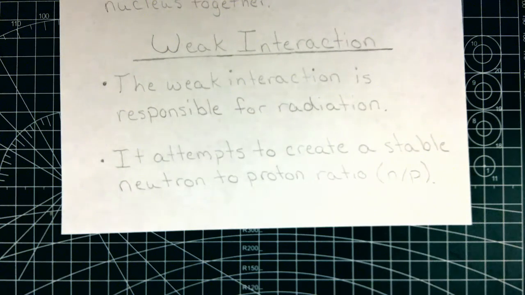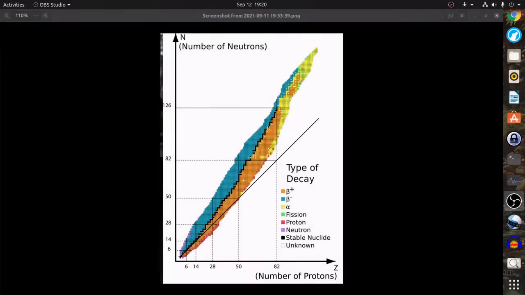I have a graphic I want to show you to explain that. There's a lot going on with this graphic, so I want to step through it really carefully so that we can see all the features and exactly what it's trying to tell us.